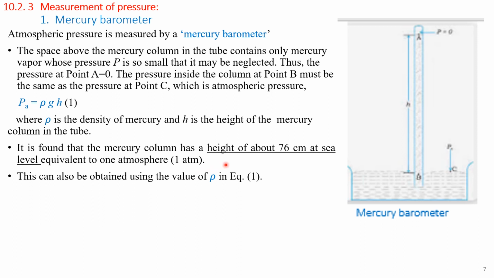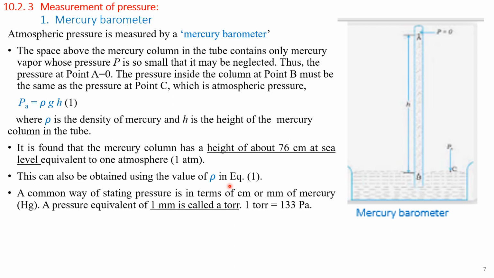The value of height can also be obtained using the density rho of the liquid, the mercury in this particular case. A common way of stating pressure is in terms of centimeters or millimeters of mercury, Hg.